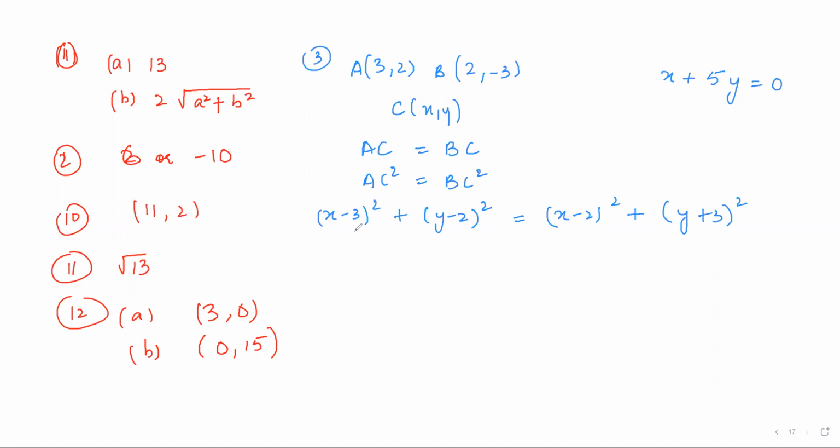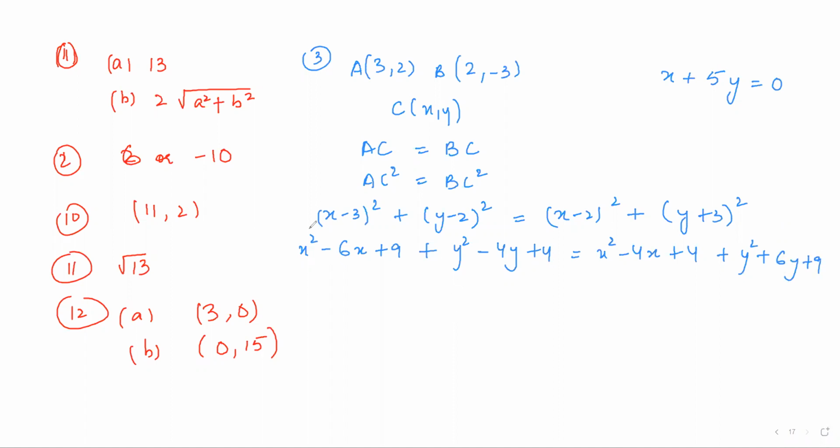So you just expand the bracket, a minus b whole square. So a square minus 2ab, that means x square minus 6x plus 9. Now plus y square minus 4y plus 4. On the other side, x square minus 4x plus 4, y square plus 6y plus 9.